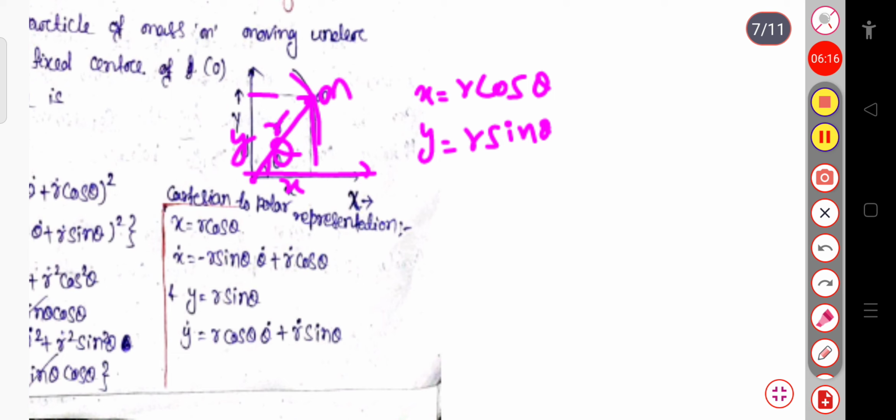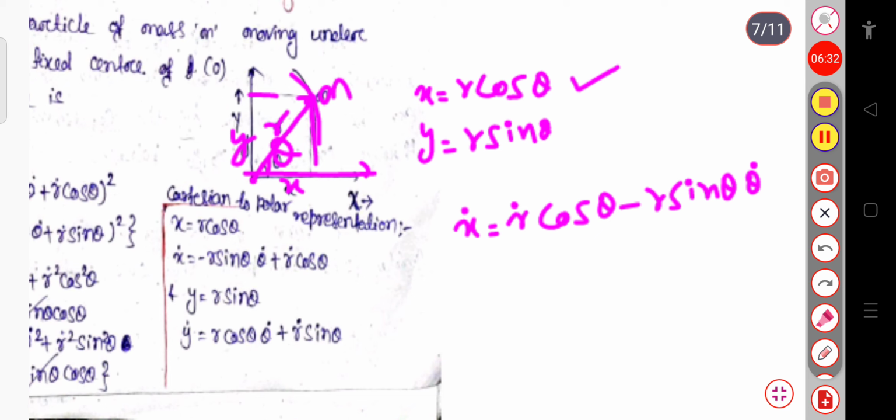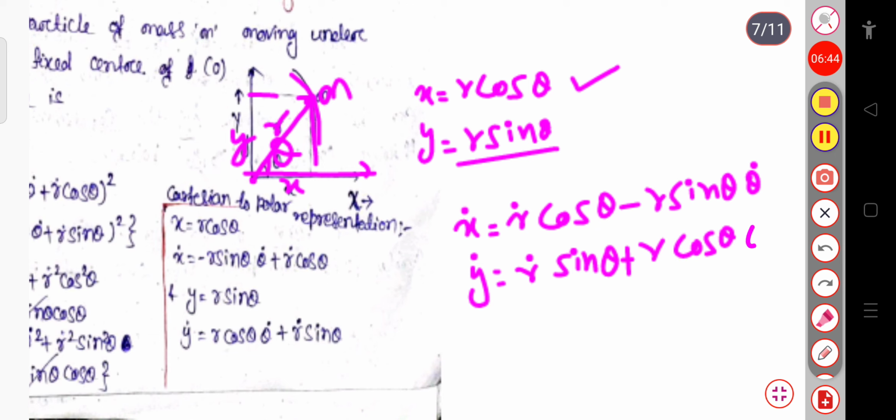Since x equal to r cos theta, you can calculate x dot, that is dx by dt, equal to r dot cos theta minus, if I take the cos theta derivative, this will be minus sin theta, theta dot, and r is constant. And similarly y dot will be equal to r dot sin theta plus, the derivative of sin theta being cos theta, into theta dot.